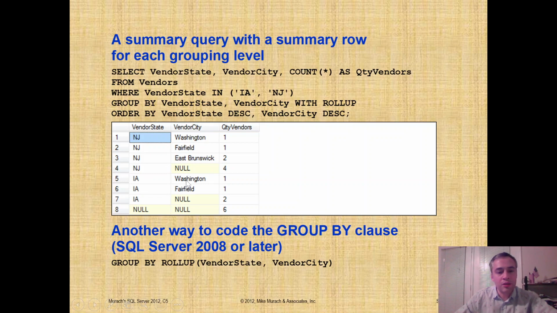Now for the other state, we also go through all the available cities and towns in the table, and then we do a roll-up for the other state with a total of 2. And finally, we do the roll-up on both variables. We do a roll-up on vendor state and on vendor city, and we get the grand total for the whole query with this where restriction.